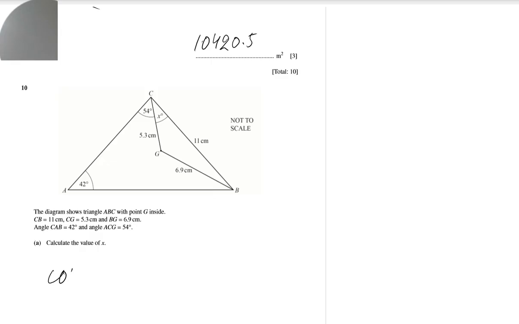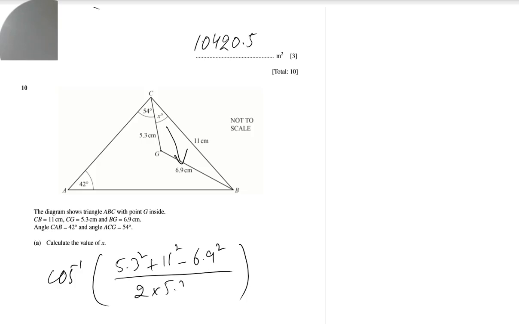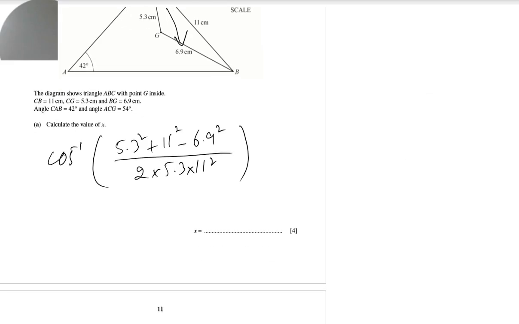So this time cos inverse of 5.3 square plus 11 square minus the side opposite to the angle, 6.9 square, over 2 into 5.3 into 11.